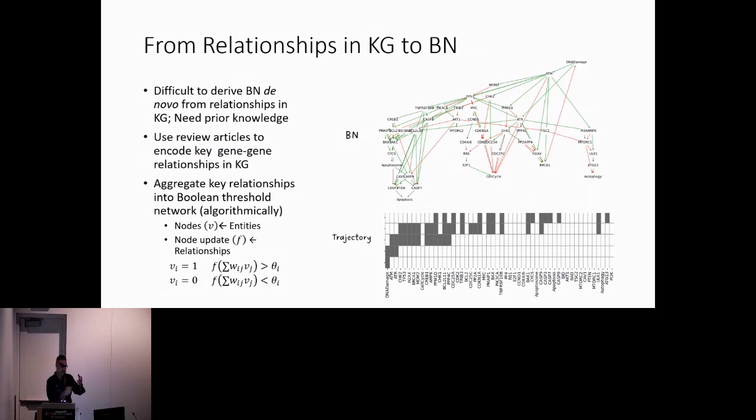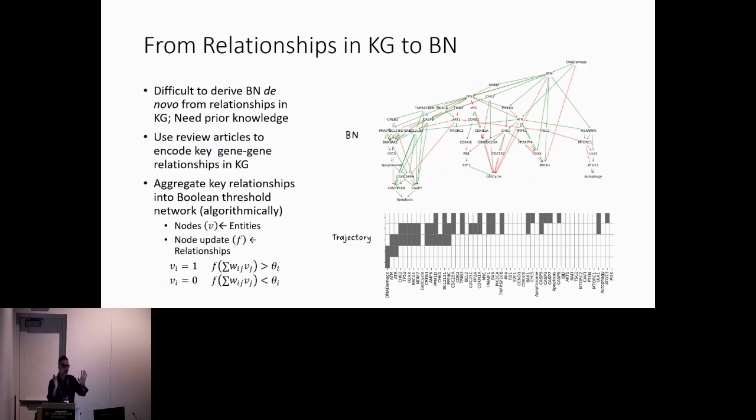So you basically take these assertions about relationships between genes and downstream genes and assemble them into a Boolean threshold network, where you take activation and inhibition relationships to weight the inputs, and you have a threshold, which again is something that you have to hand pick initially, to come up with an outcome.